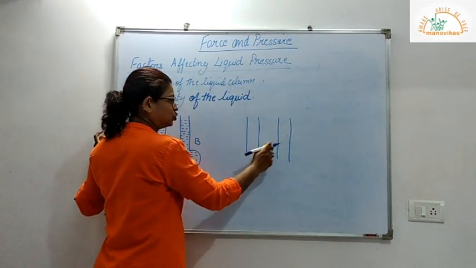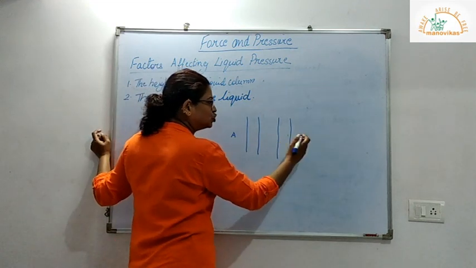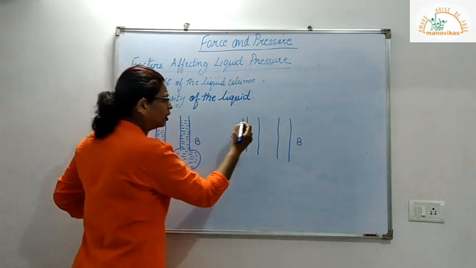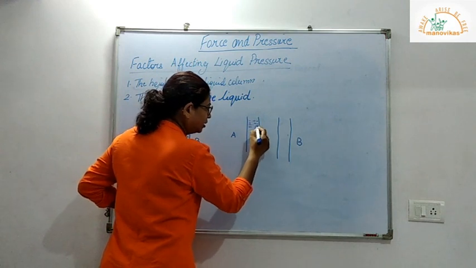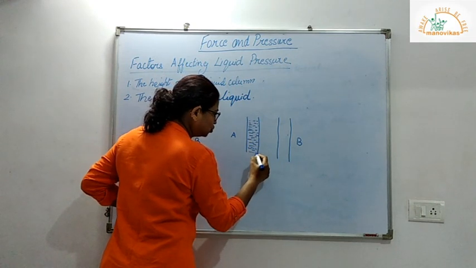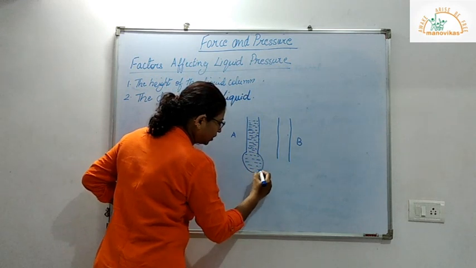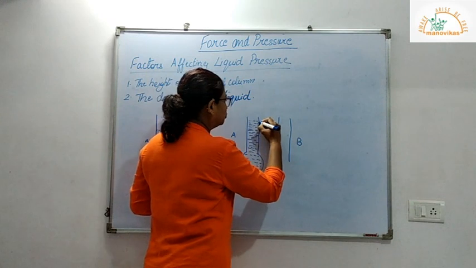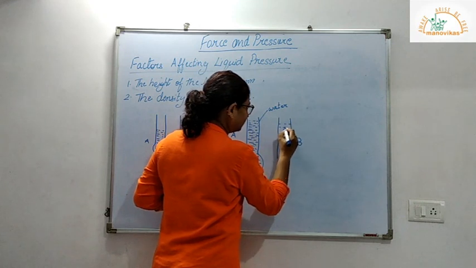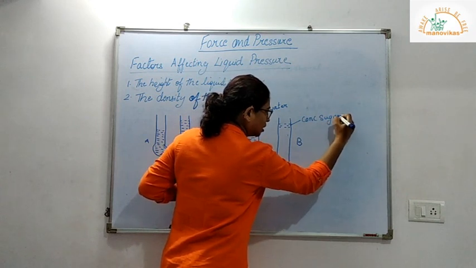In one glass tube, A, we fill water, and in the second glass tube, B, we fill concentrated sugar solution.